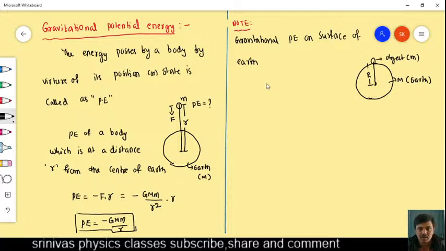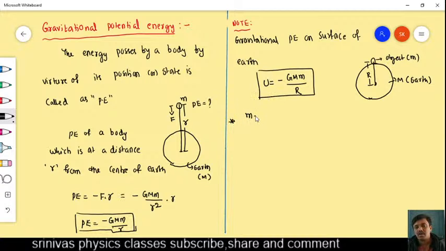The gravitational potential energy, denoted with U, is minus G capital M into small m by capital R, the distance from the center of Earth to the center of the object. This is the formula for the potential energy of an object on the surface of Earth.